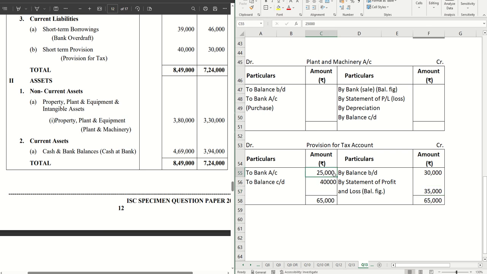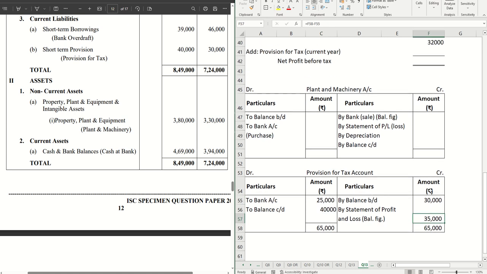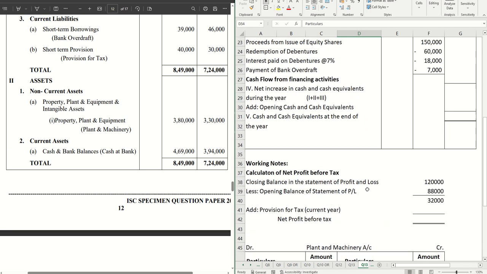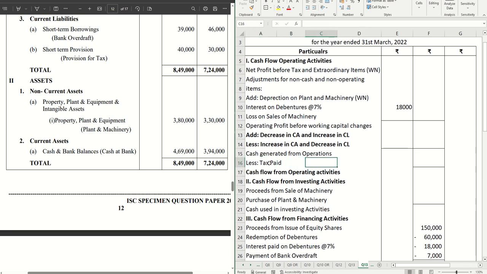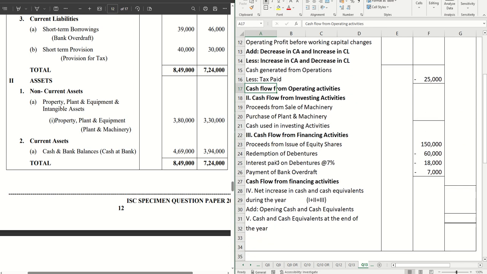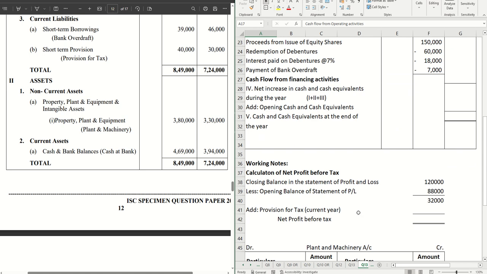All right. So be very careful now. 25,000 goes into your operating activity as tax paid, and 35,000 goes into your NBT calculation. So let's do that. Into the operating activity, less tax paid is minus 25,000, and into your NBT calculation, current year's provision for tax 35,000 is added.